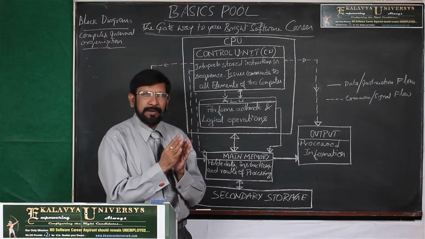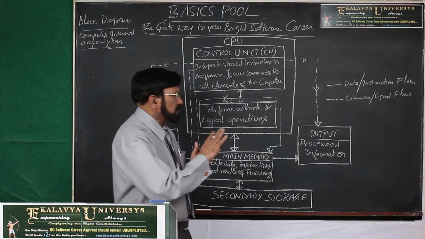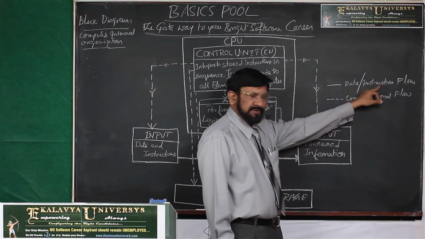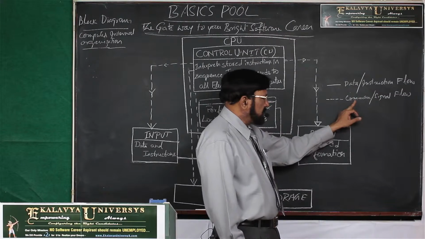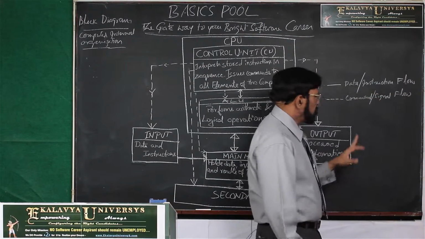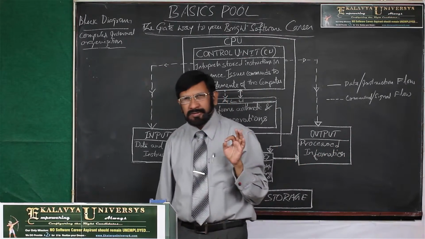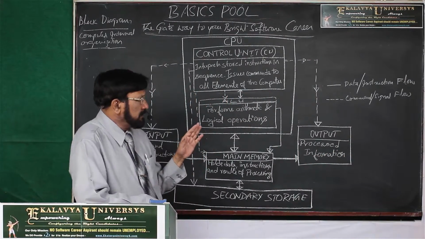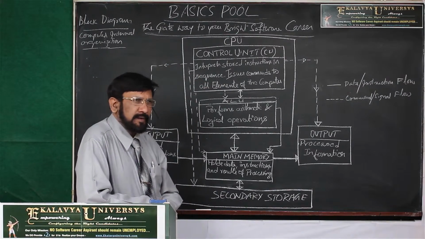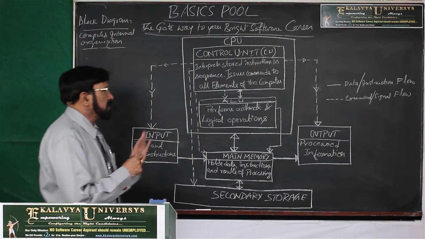What type of data flows in the computer? One is data or instructions. The second one is commands or signals. Commands or signals are given by the control unit. Always remember that.